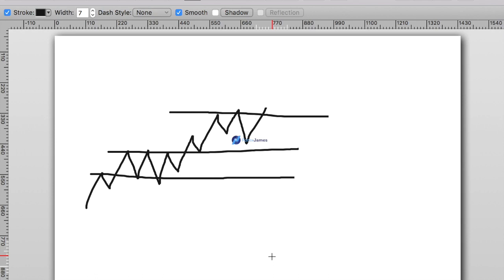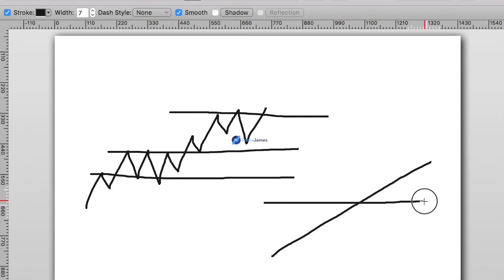If you're someone who likes to trade off a trend line, taking bounces, I'm not telling you to stop doing it, but what I'm telling you is add the horizontal lines to your analysis. Because oftentimes price would coincide with the confluence of a trend line and a horizontal line.